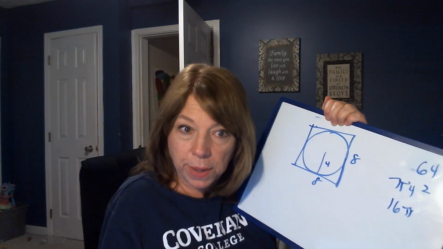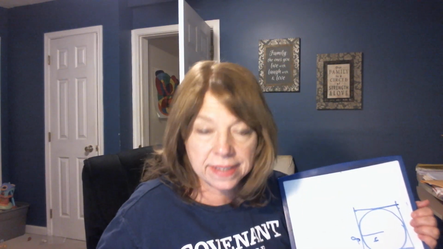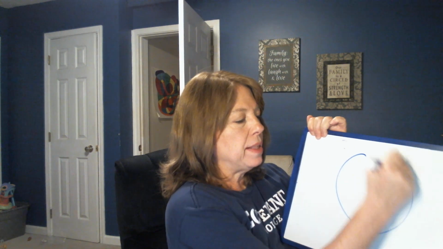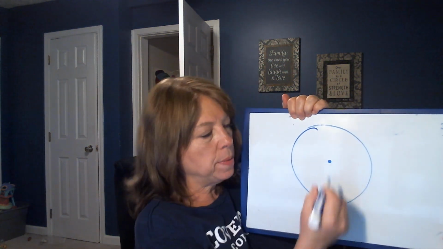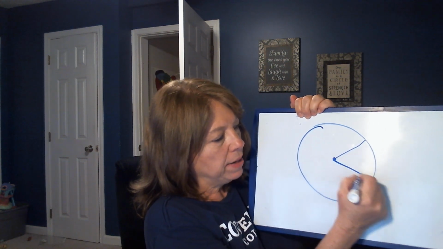If you look at our choices, at the bottom we have 64 minus 16 pi, which is selection H. So that's our answer. All right, at the bottom of this page you've got inscribed angles and central angles. If you recall, the central angle that you see there is going to be the same as the arc measure. The central angle starts from the center point and goes out here.